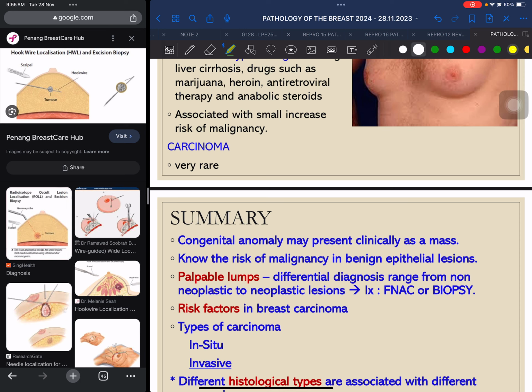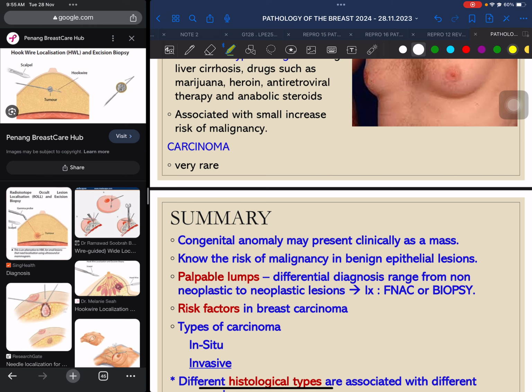These congenital anomalies tend to occur in younger patients, and the risk of malignancy is low. Then you have the differential of non-neoplastic and neoplastic lesions, so you have to confirm them with fine needle cytology. Know the risk factors in breast cancer, the types of carcinoma, you have the in situ and the invasive component. And different histological types are associated with different prognosis.